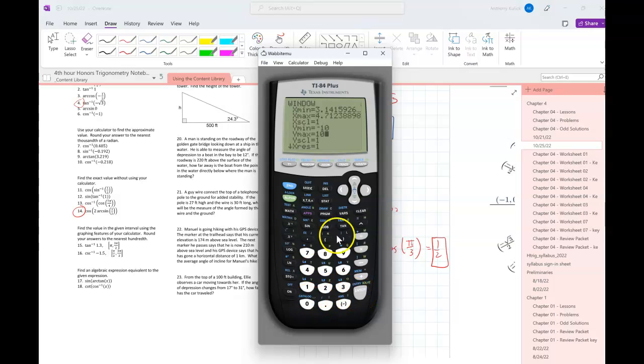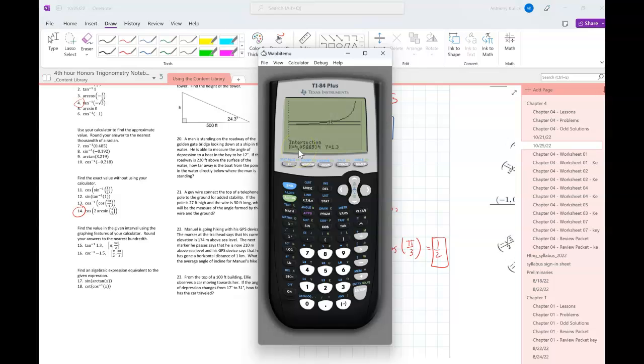I guess I'll just set that from -10 to +10. This should be fine. So I'll hit graph. So here's my tangent function. Here's my line. And I'm just searching for the intersection there. So second trace, intersect command, enter, enter, enter. So 4.06.